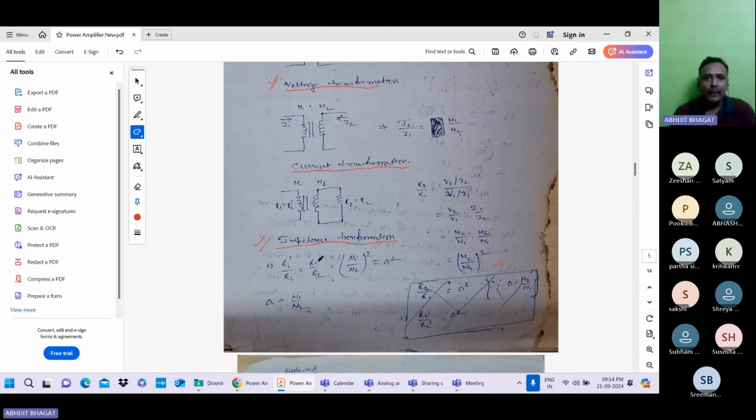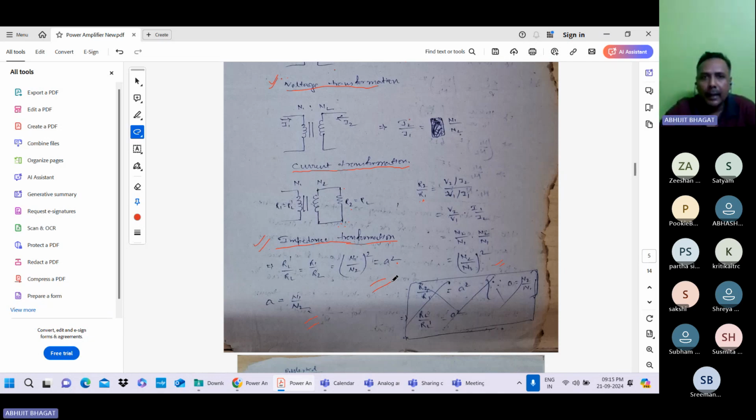So RL dash by RL equals R1 by R2, and R1 by R2 equals N1 by N2 whole square. Suppose this is equal to A square, where A is equal to N1 by N2. So you are getting RL dash by RL equal to A square. Is it clear up to this?